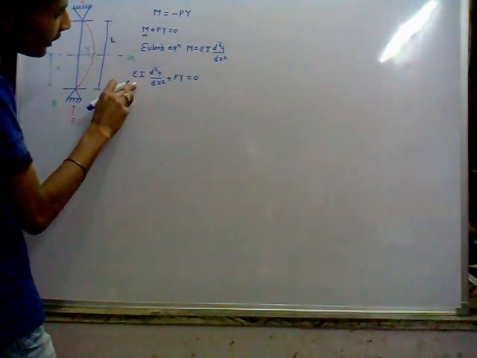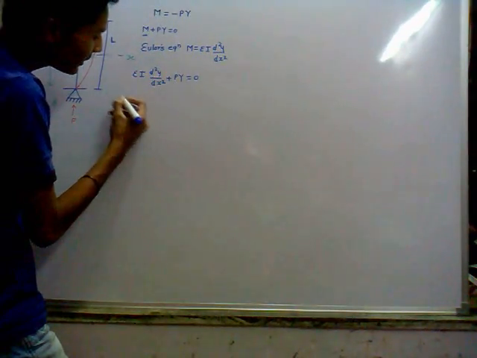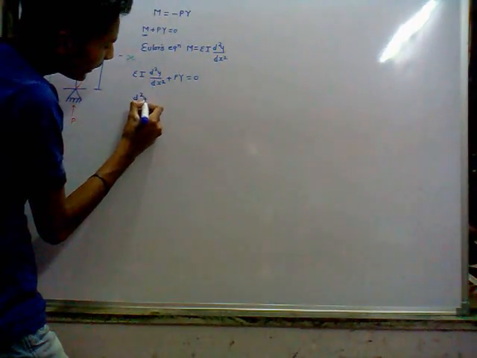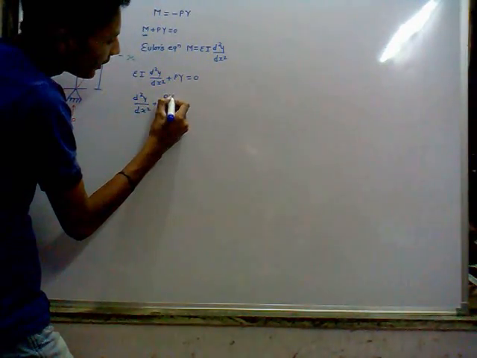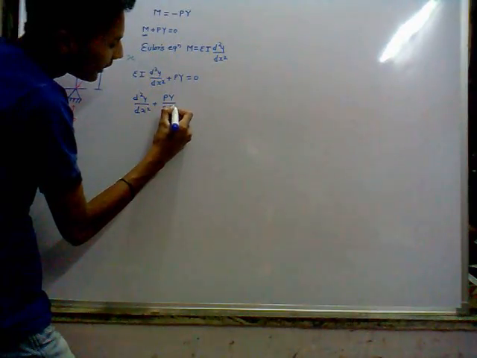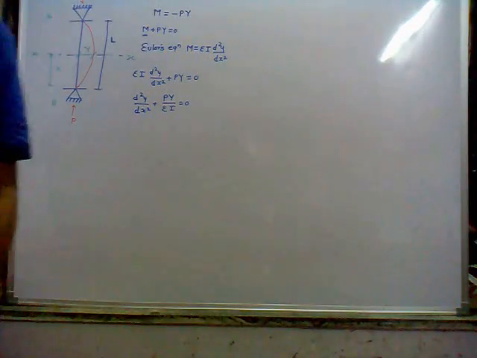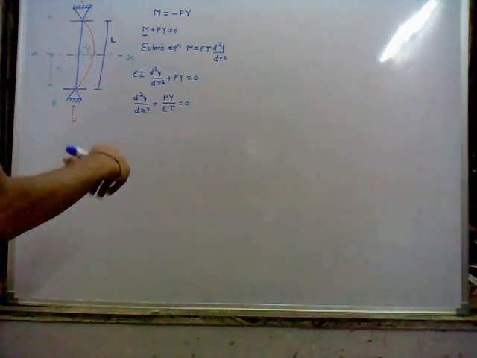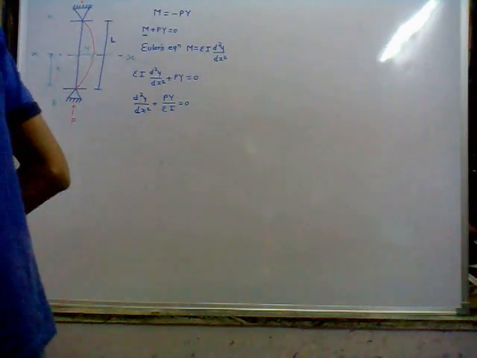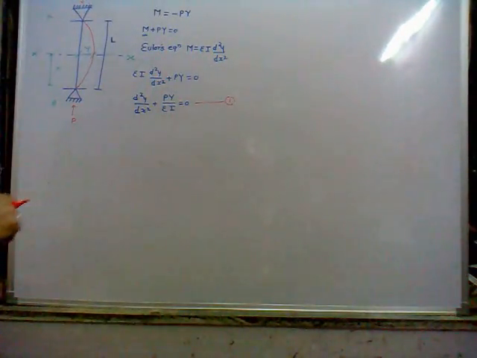Now dividing all terms by EI, EI cancels, and we get d2y by dx square plus P y divided by EI equals 0. This is our equation number 1.